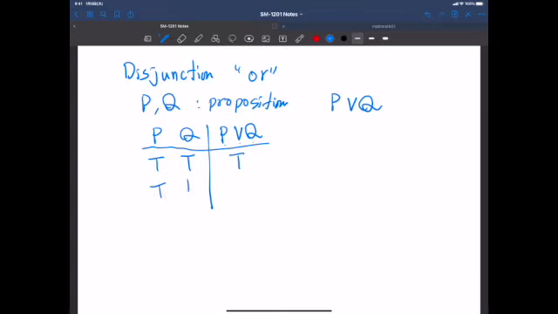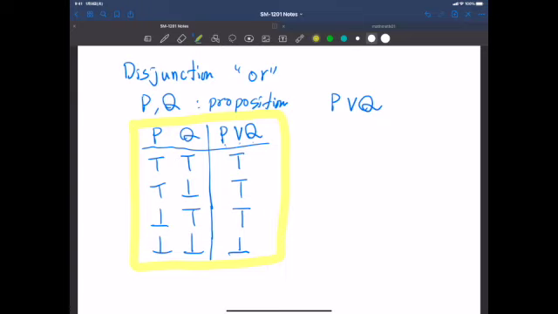When P is true and Q is false, P or Q is defined to be true. When P is false and Q is true, P or Q is defined to be true. And when both are false, then P or Q is false. So this is the definition of disjunction.